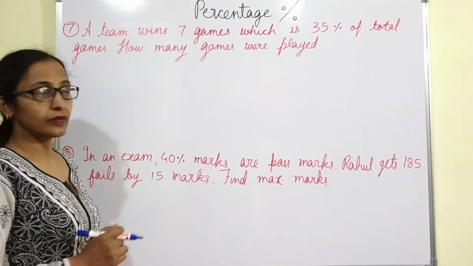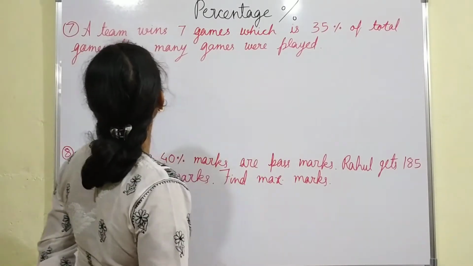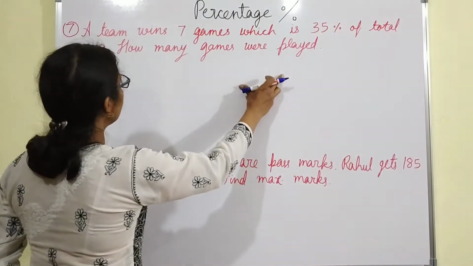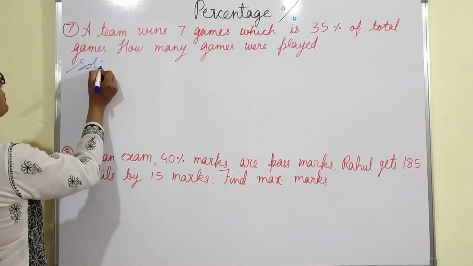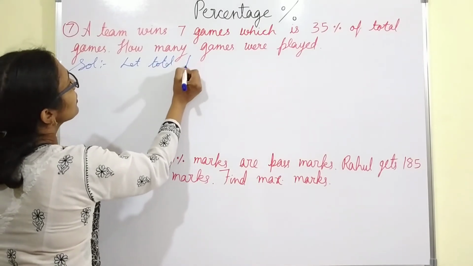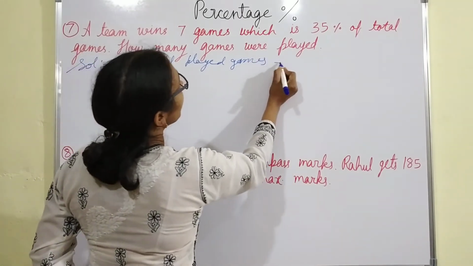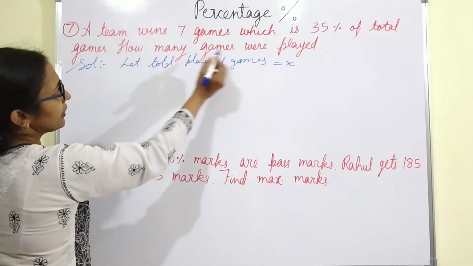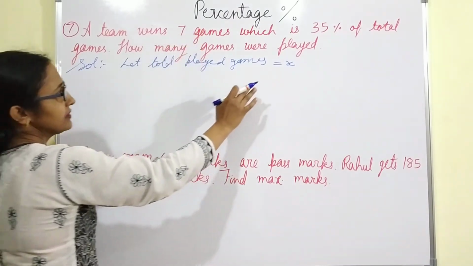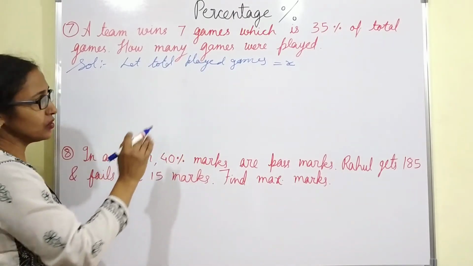Now the next question: a team wins 7 games, which is 35% of total games. How many games were played? So let the total played games be x. Now 35% of x is 7, means 7 games were won and they were 35% of total games.